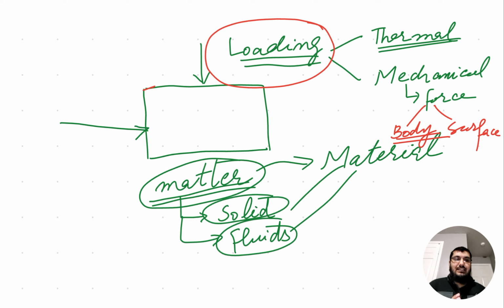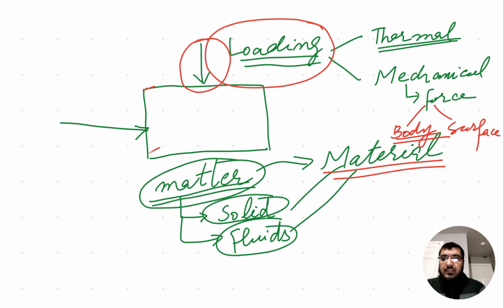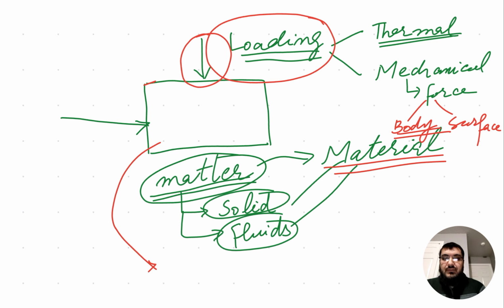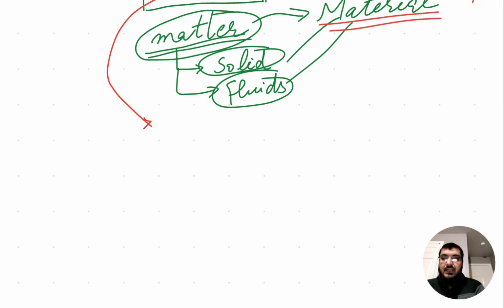This is a generic introduction of continuum mechanics. When I apply this loading over this material, what do you think will happen within this material? There could be two possibilities. The first one is it will deform.